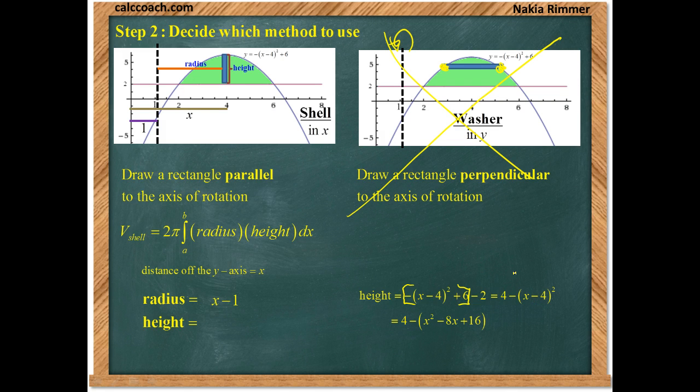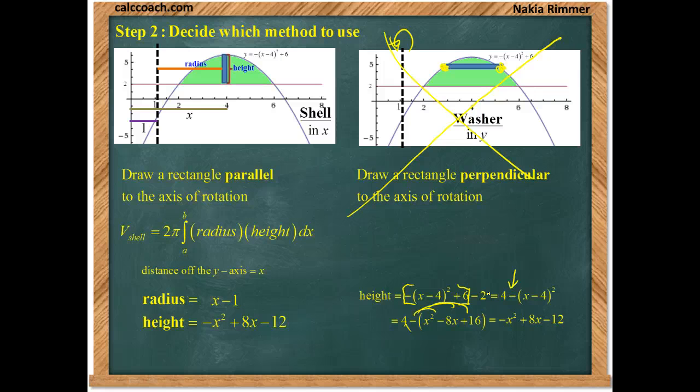That's subtracted, remember, from 4. So we apply the minus everywhere, and we end up combining the 4 and the negative 16. Here's what we have: negative x squared plus 8x minus 12. That's going to be the height of your rectangle, your typical rectangle.